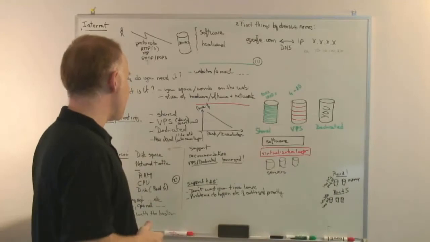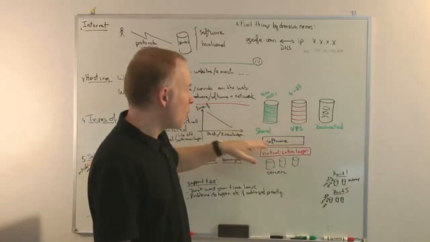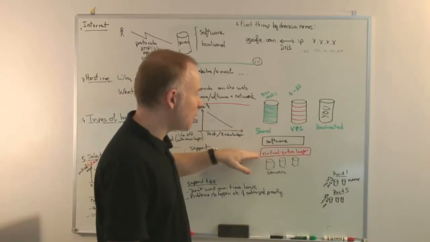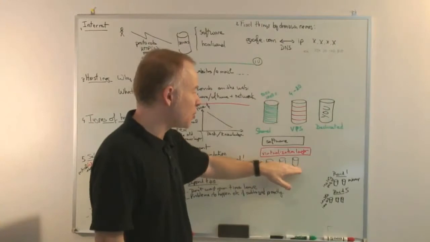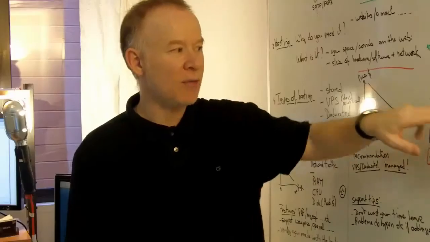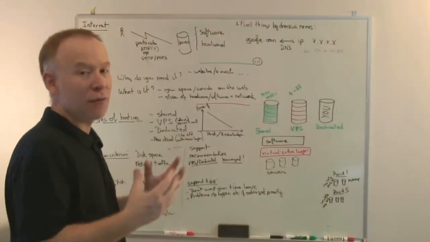And then the new way is the cloud hosting, which is pretty much any combination of this with one more layer of virtualization, where it's not attached to one machine, but multiple machines can provide shared, VPS or dedicated. So you have one more layer of virtualization to separate the software from the hardware.